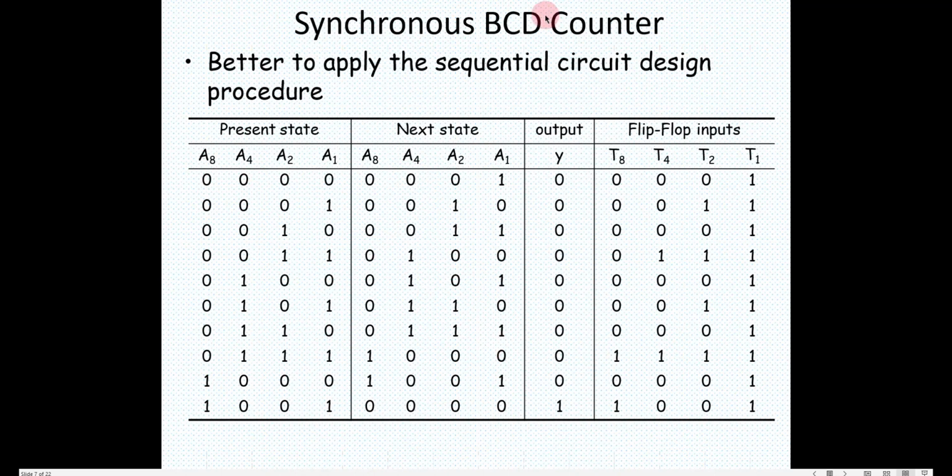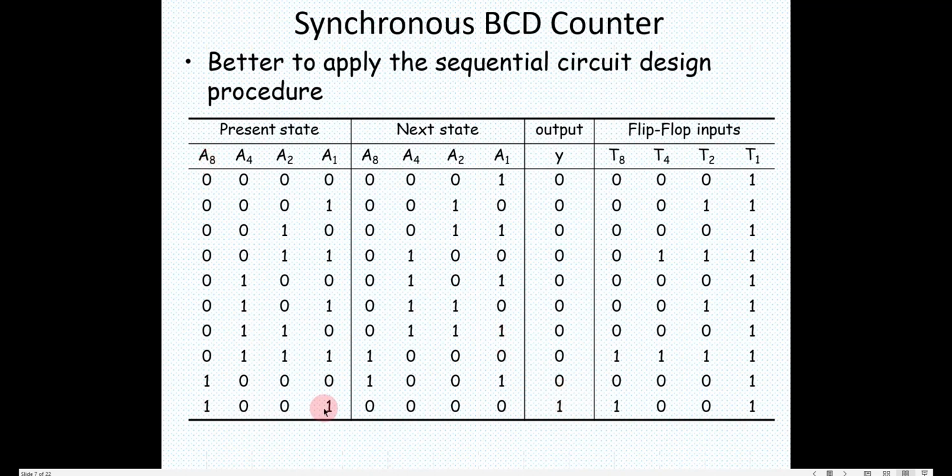So now if you see here, if I take an A1, this is the next state, 0 0 0, I have 0 0 1. If it is 1, it is 2, this is the next state. So I can write present state, and I can write next state. Now output is when it reaches the maximum value. So when it reaches the maximum value, the output goes to 1, and in the next clock it has to go back to 0 here.